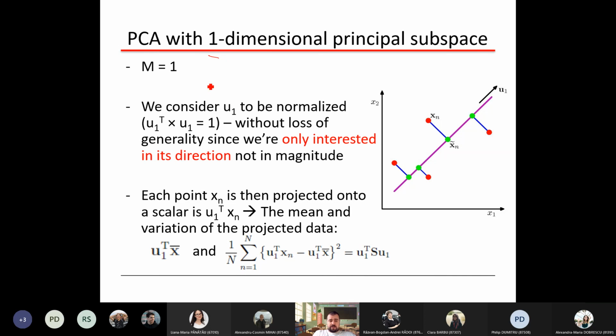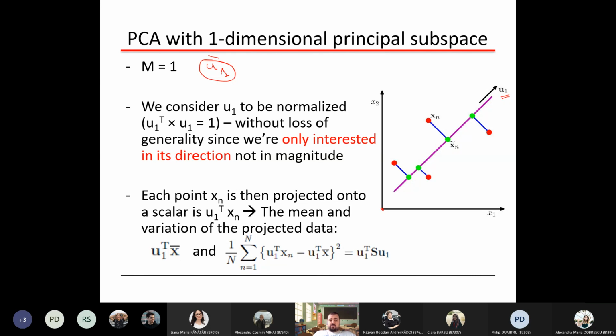So if M equals 1, it means that we have u1, which is the basis vector for this principal subspace. So we need to identify the parameters of u1. In this graph, we have the red points, and we need to identify the direction of u1 and also the offset from the origin.